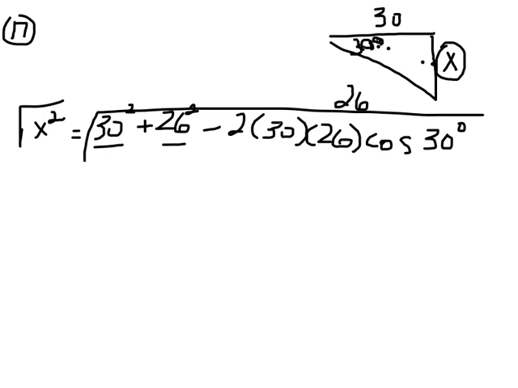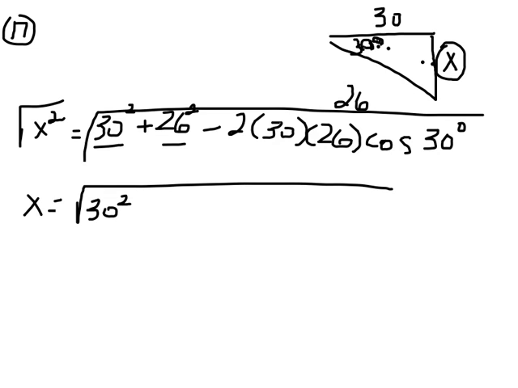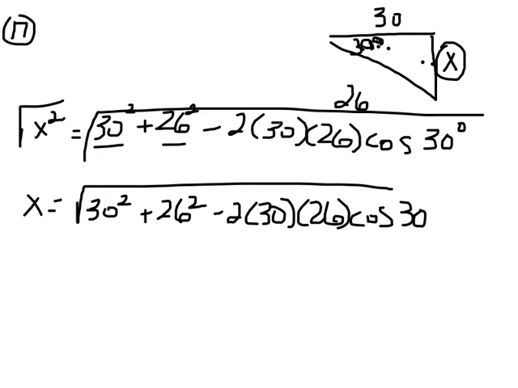So this will be x equals the square root of 30 squared plus 26 squared minus 2 times 30 times 26 times cosine 30 degrees. You could just get your calculator and type it in just like this. When you get done, you're going to have to close out the cosine angle, and then you'll have to close out the square root too, so at the end you'll have 2 parentheses.